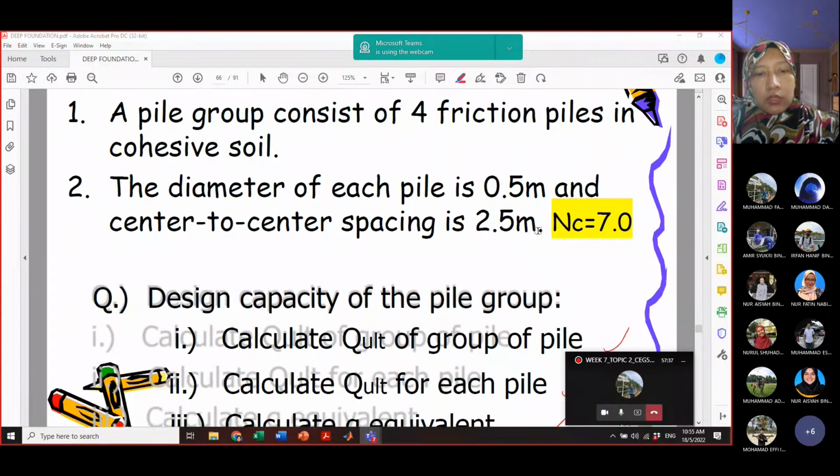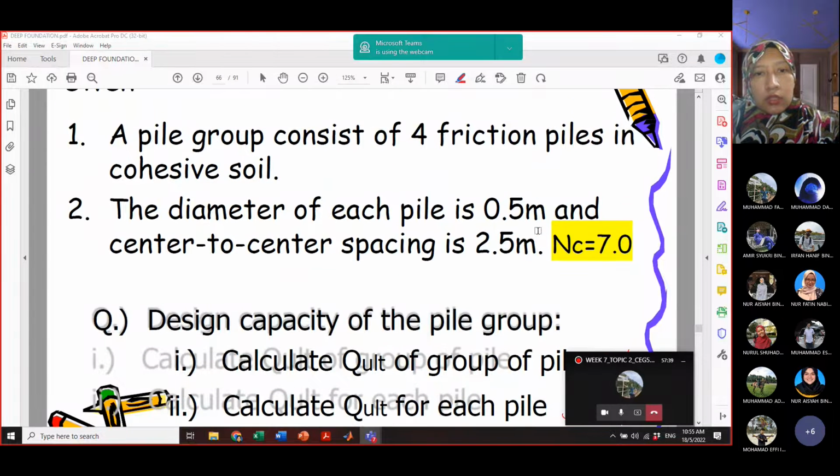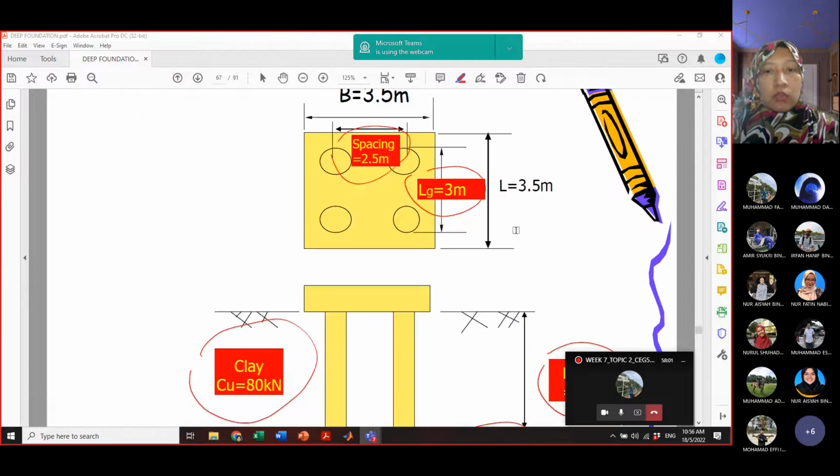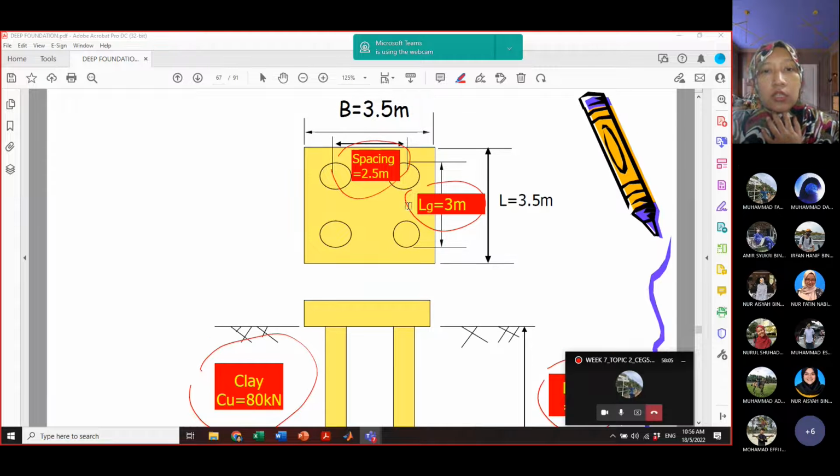Okay, one example here, conditions where you have a pile group of 4 friction piles in cohesive soil. The diameter of each pile is 0.5 and center to center spacing is 2.5 meter and Nc sama dengan 7. So maknanya dia punya radius tu adalah 0.25. So apa pentingnya informasi tu untuk kita kira dia punya LG.